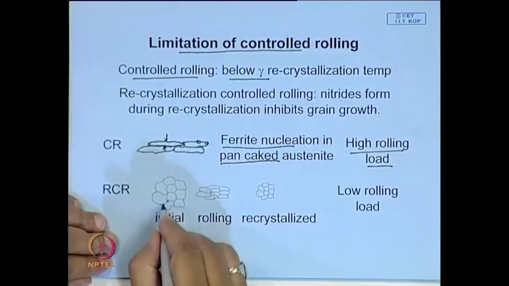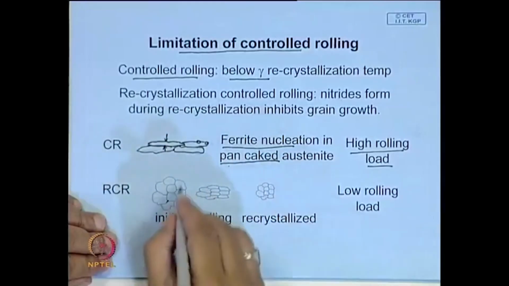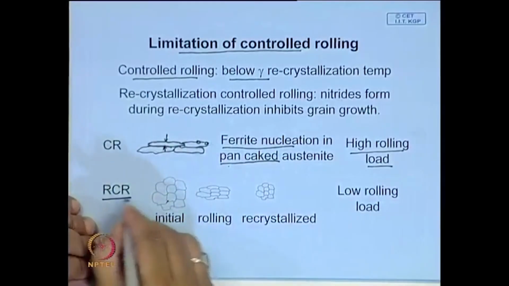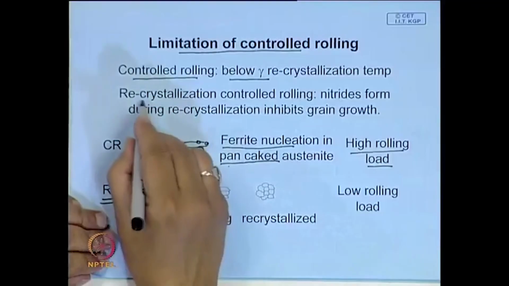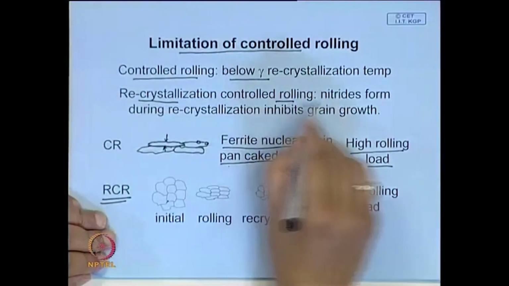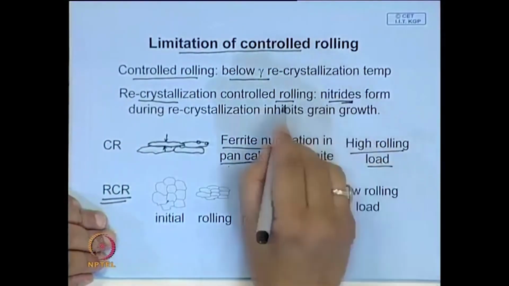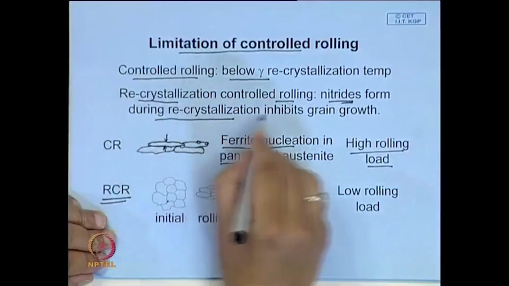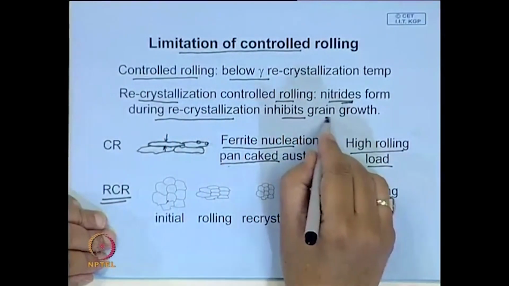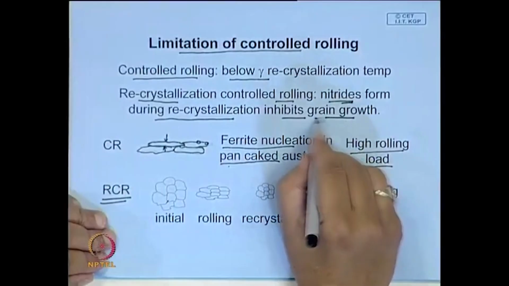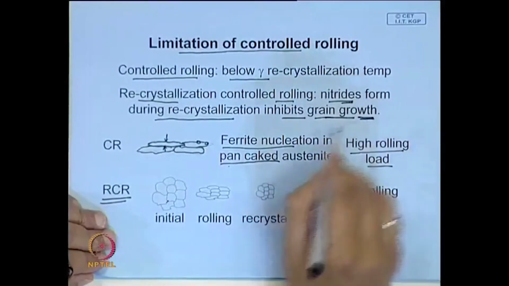So, it is also possible by controlling recrystallization, recrystallization controlled rolling, where you allow these nitrides to form during recrystallization and inhibit the new recrystallized grains, and do not allow them to grow.